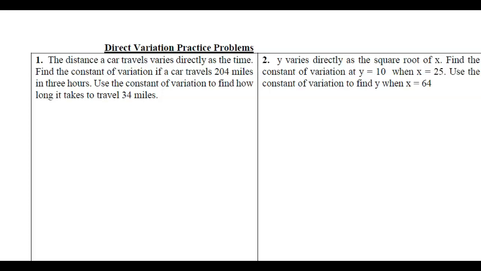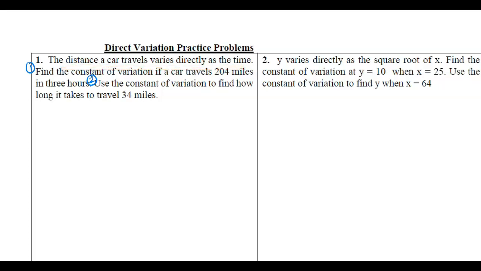Well, the first thing that is being asked is to find the constant of variation. And then it's also asking me to use that constant of variation to find out how long it takes for us to travel 34 miles. Okay, let's go ahead and write an equation for this first sentence, because that's going to be the meat and potatoes of this problem.